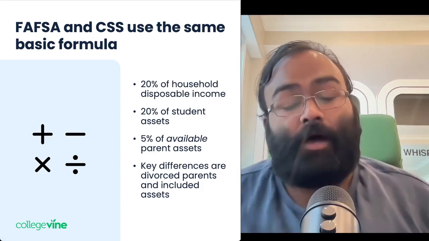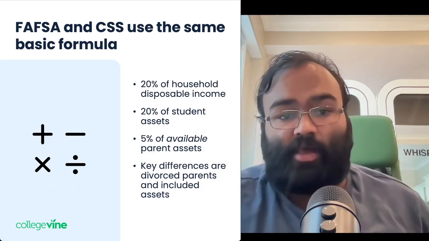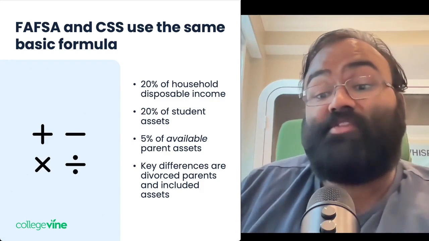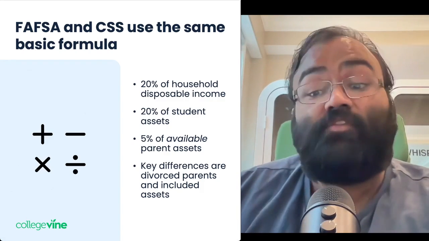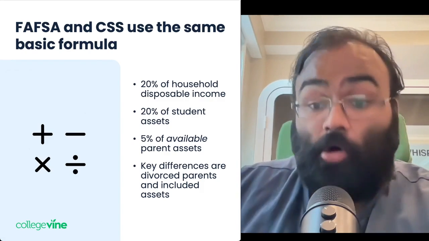As a general rule of thumb, the FAFSA and the CSS are both going to take 20% of your household's disposable income, and we'll talk about what disposable means in that sentence, 20% of students' financial assets, and 5% of available parent assets.